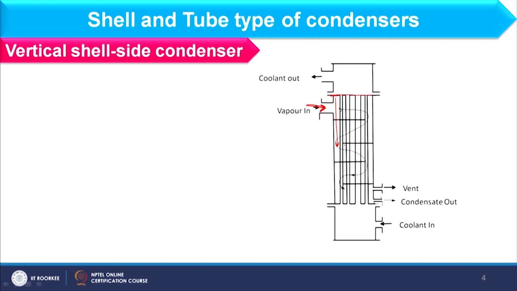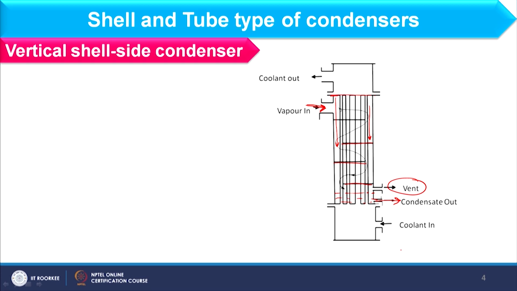Now, in this case baffle cut is usual as we consider in normal shell and tube heat exchanger, and as condensation process proceeds condensate moves downward and it is basically collected from the bottom, and above that we have the vent nozzle because at the bottom we usually have condensate. So, we cannot place vent with the condensate, it should be slightly above because vent is usually used to exit the non condensable gases.